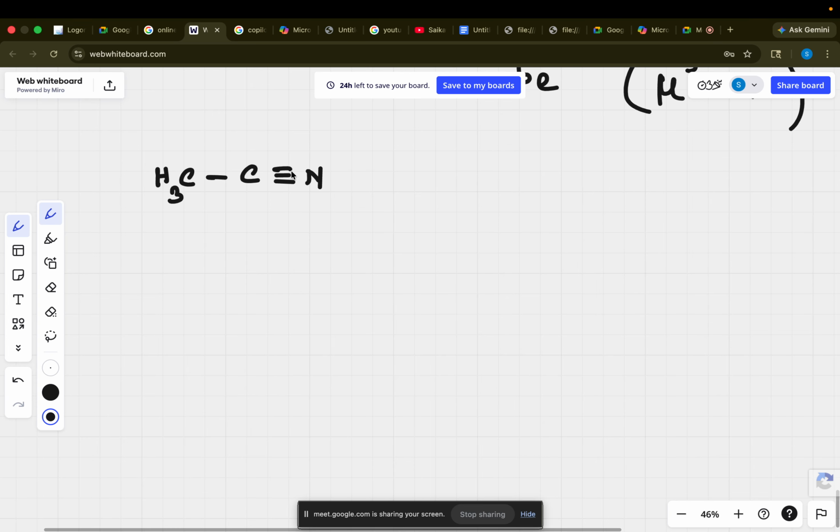Because nitrogen is already forming 3 bonds, so 2 electrons are left. If 2 electrons are left, it will donate to the metal center. Is it terminal or bridging? Terminal, because it is only attaching to one metal center. So if you have a terminal ligand, that time it is donating 2 electrons only.